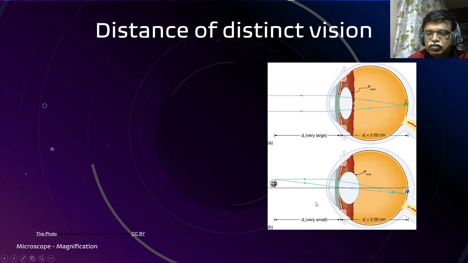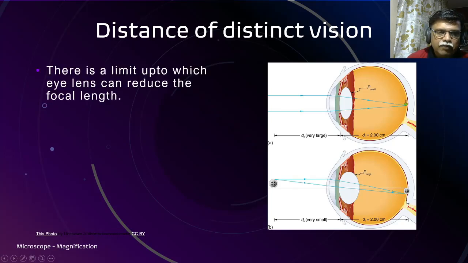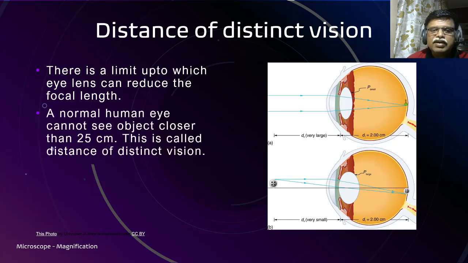Now when the object comes close by, the lens of the eye needs to bulge, and the focal length reduces, such that again the image is forming on the same retina. So there is a limit up to which the eye lens can reduce the focal length. A normal human eye cannot see an object closer than about 25 centimeter, or about 10 inches.